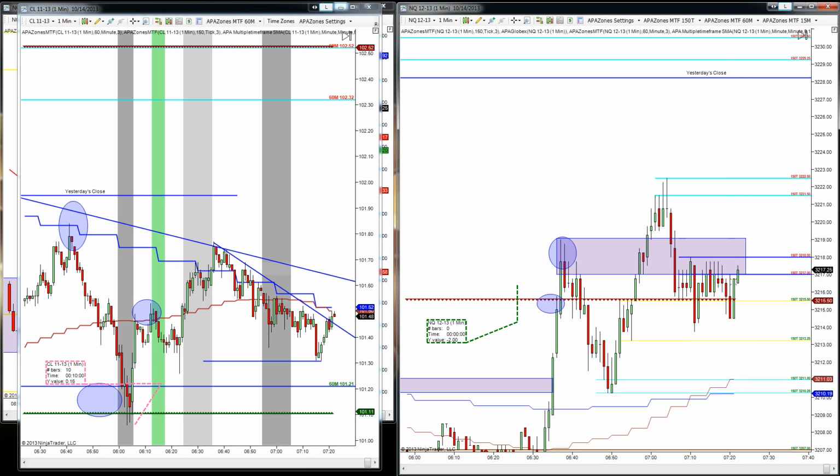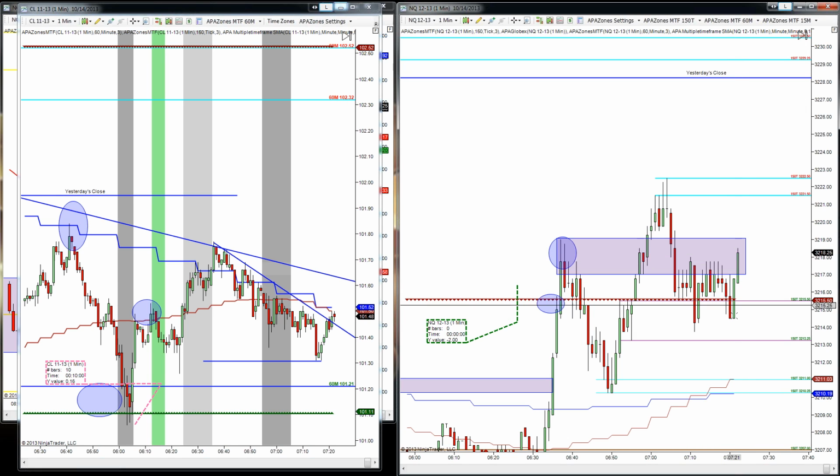Okay, so we got a double bar engulf here. Let's see if we can beat this high. Oh, there it goes. That is a really powerful double bar engulf.